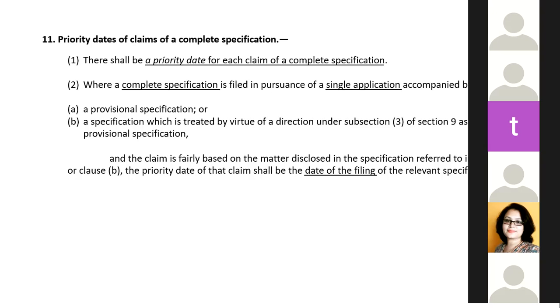In the same way, if claim number 2 discloses matter B, then the priority date of claim number 2 is that of the provisional application B, in which matter B was disclosed. Similarly, that is how the priority dates of the claims will be.